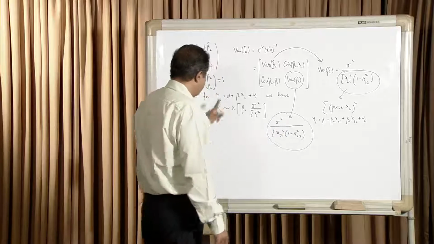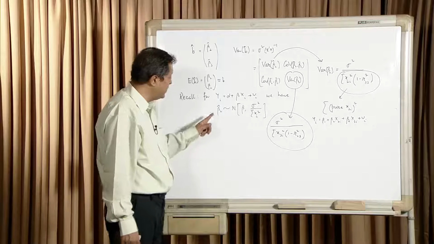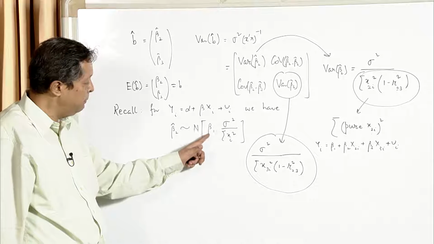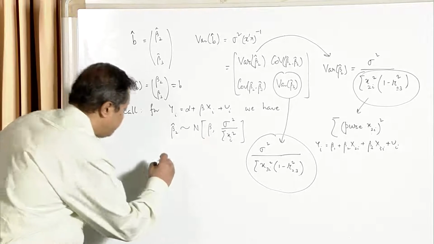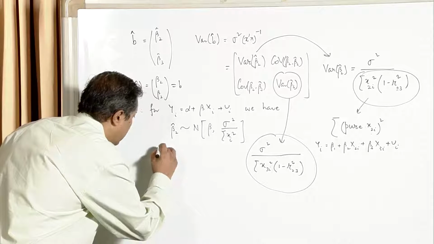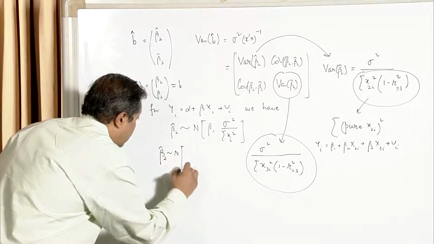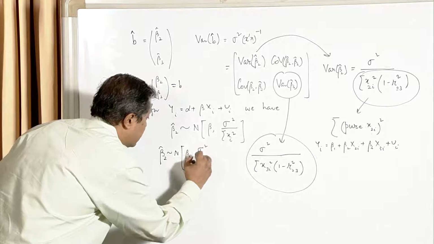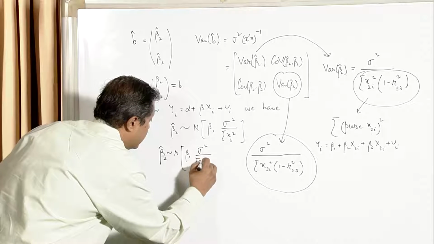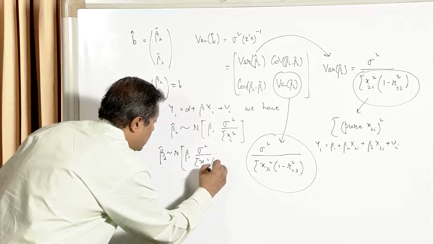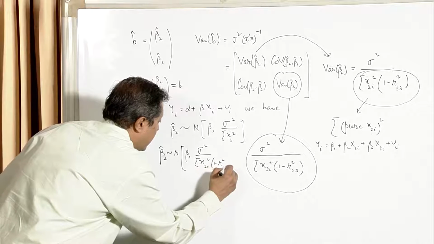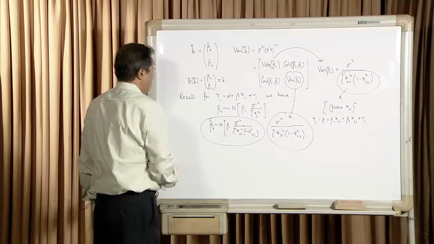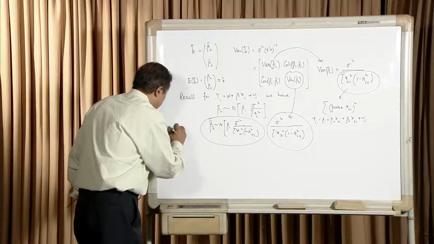If we collect these two pieces of information, we can say that beta 2 hat follows a normal distribution with mean beta, and in the three variable model, variance given by sigma square divided by summation x2i square into 1 minus r square 2 3. So, that is the result for the three variable model.